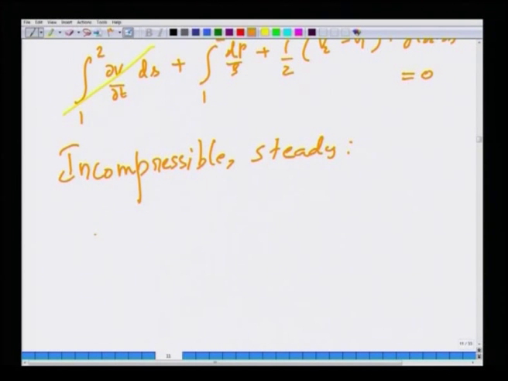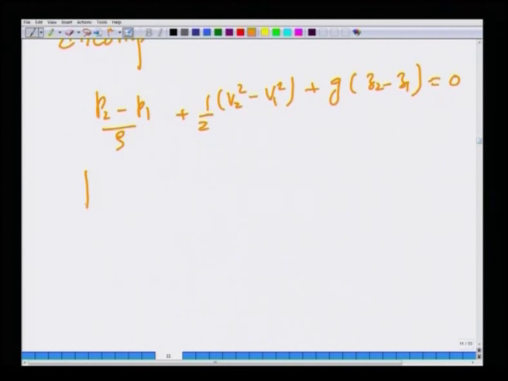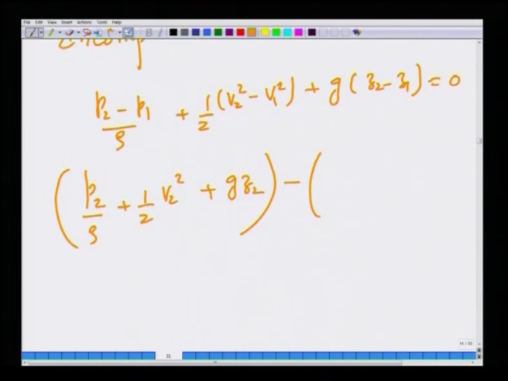It becomes P2 minus P1 by rho plus half V2 squared minus V1 squared plus g times Z2 minus Z1 is 0, or I can rewrite this as P2 by rho plus half V2 squared plus g Z2 minus P1 by rho plus half V1 squared plus g Z1 is 0.